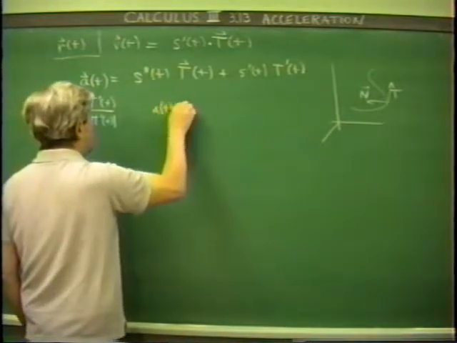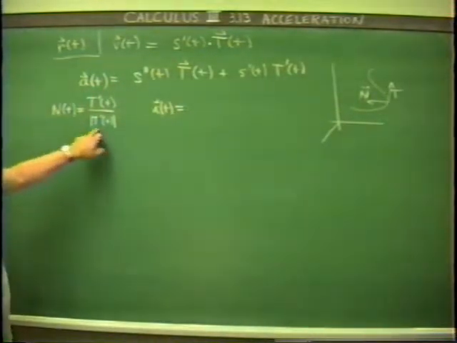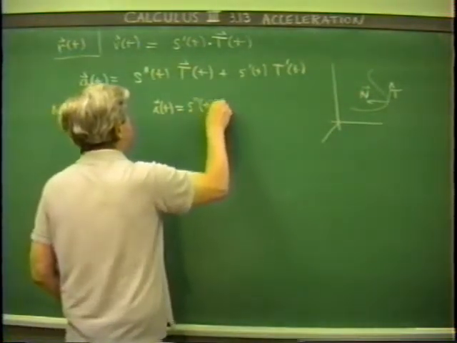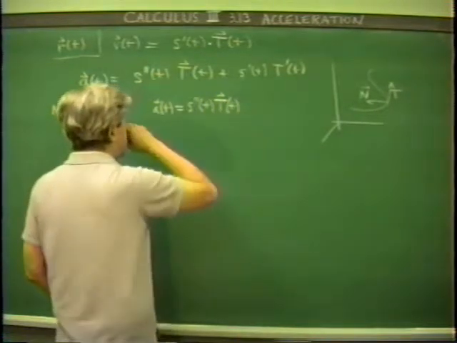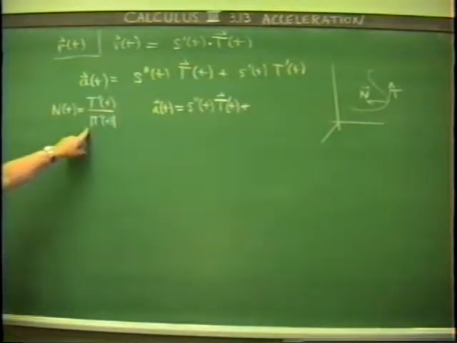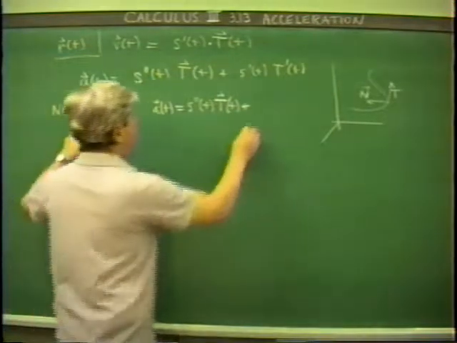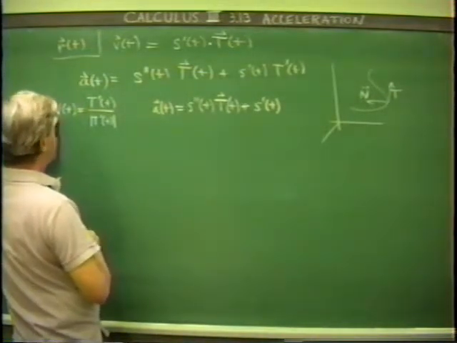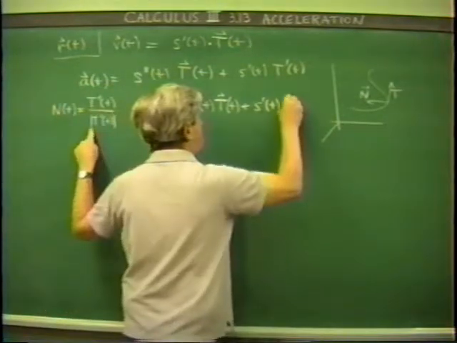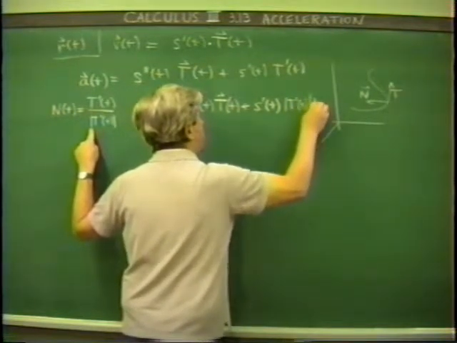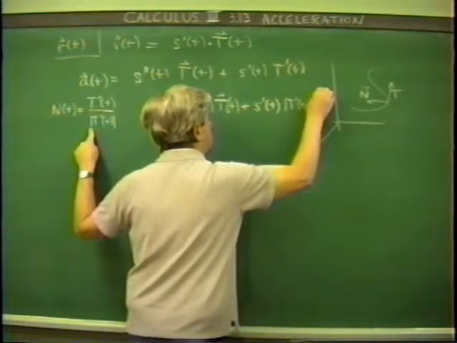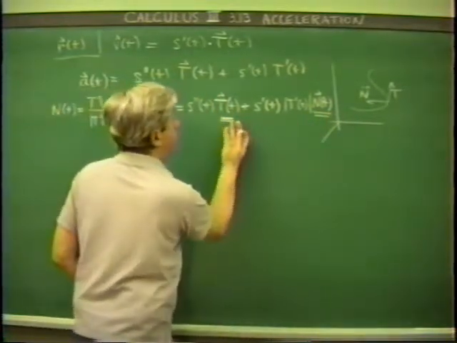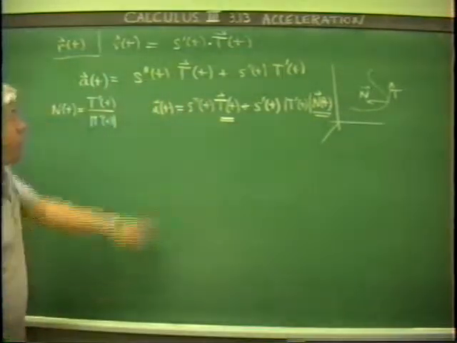N of t is T prime of t over magnitude T prime of t. So you can write T prime of t as N of t times magnitude T prime of t. And this gives us this formula: s double prime of t times T of t plus s prime of t times magnitude T prime of t times N of t.